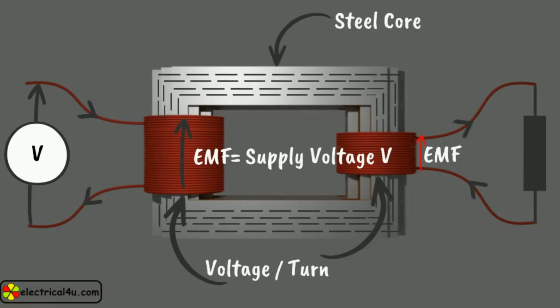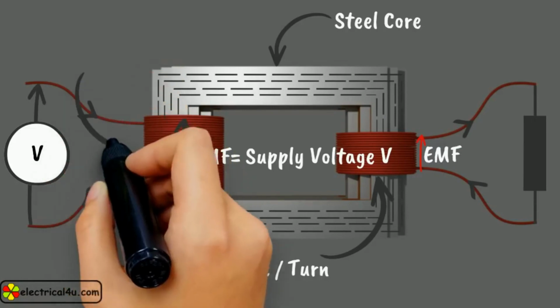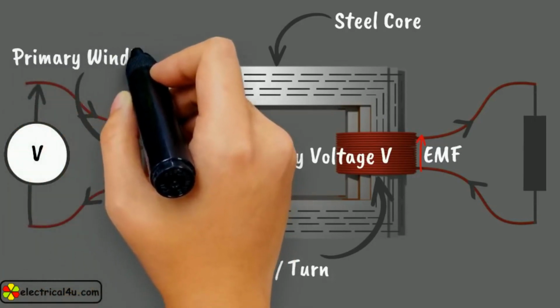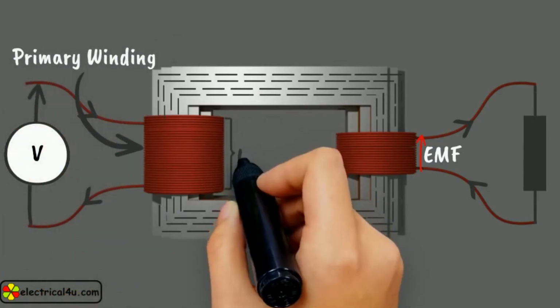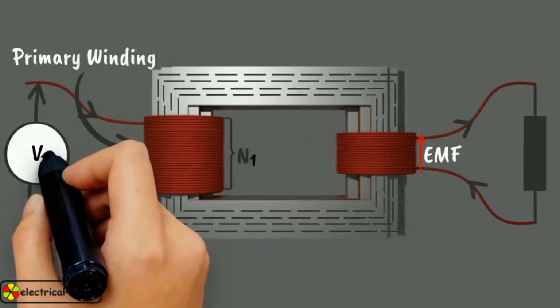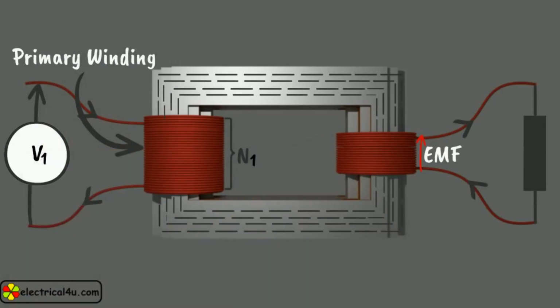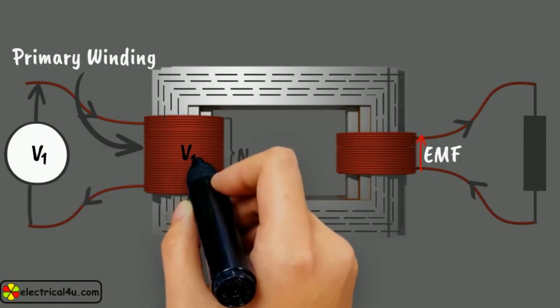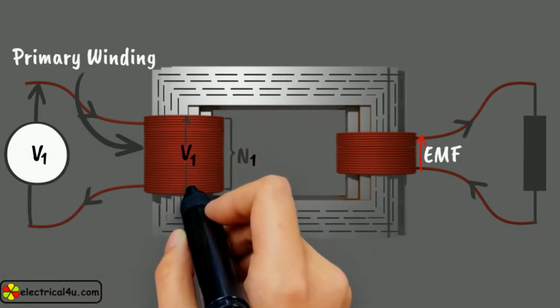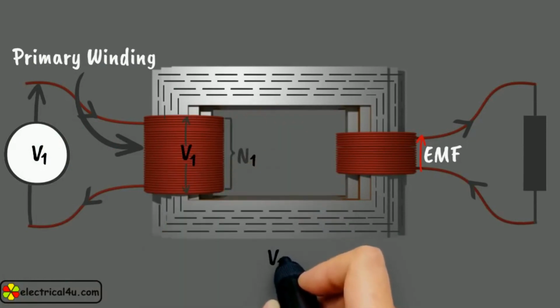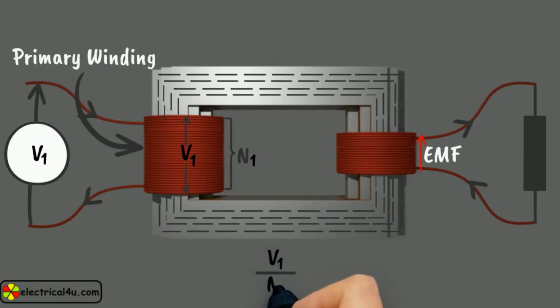As this first winding is connected with supply, it is referred to as the primary winding. Now, if this primary winding has N1 number of turns and supply voltage or induced voltage across the primary winding is V1, then voltage per turn in the primary winding is V1 by N1.